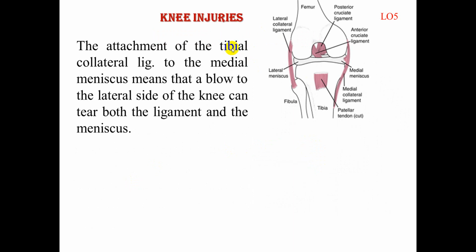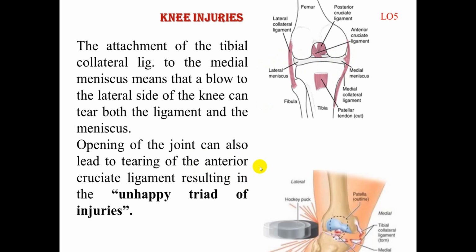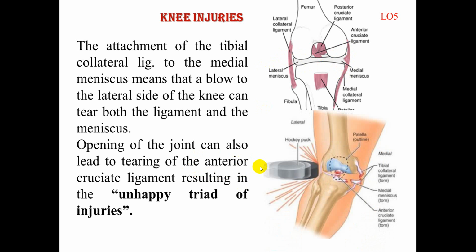As I said in the previous slide, the medial collateral ligament is attached to the periphery of the medial meniscus. So a blow to the lateral side of the knee can tear both the medial collateral ligament plus the medial meniscus. And opening of the knee joint in cases of severe trauma might also injure the anterior cruciate ligament.